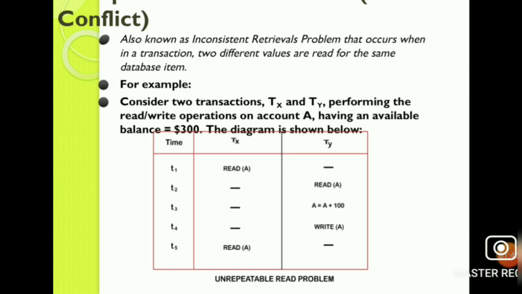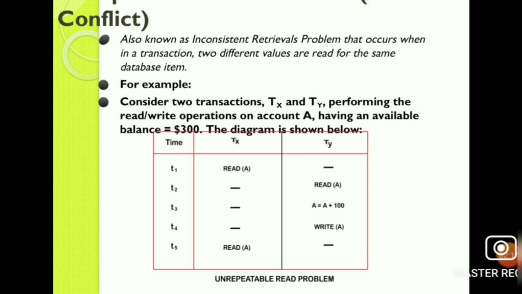The next problem is also known as the inconsistent retrieval problem, which occurs in a transaction when two different values are read for the same database item. So for example, let us consider the table in which Tx and Ty transactions are involved. At time T1, A will be read by transaction Tx. At time T2, A will be read by transaction Ty.